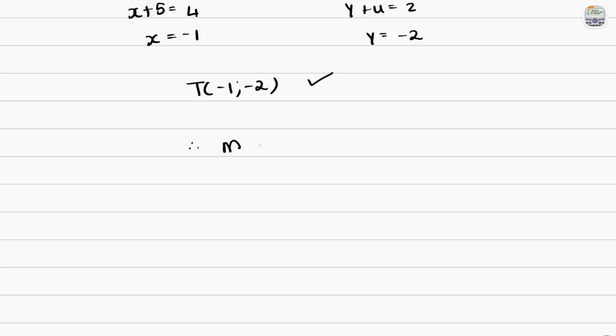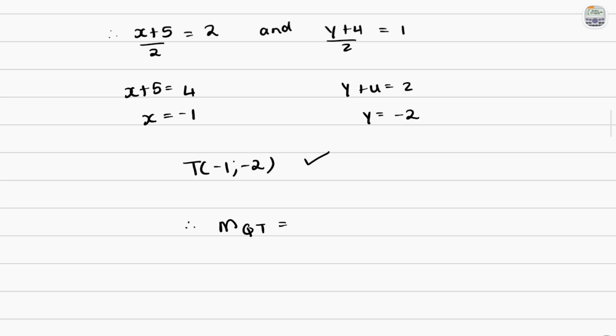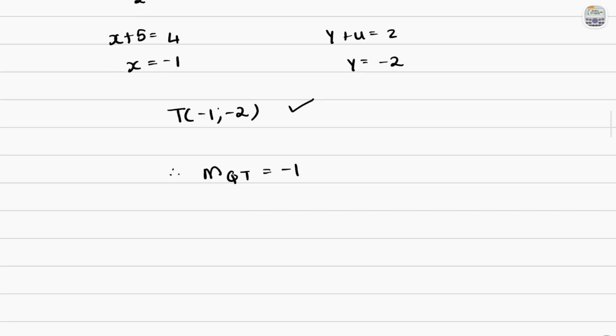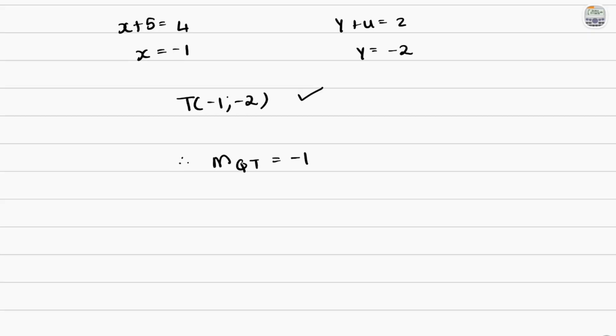Therefore, the gradient of this line QT, that tangent, is the gradient of the radius multiplied by -1, which in this case is -1. If the gradient of the radius is 1 and the gradient of the tangent is -1, their product is -1.